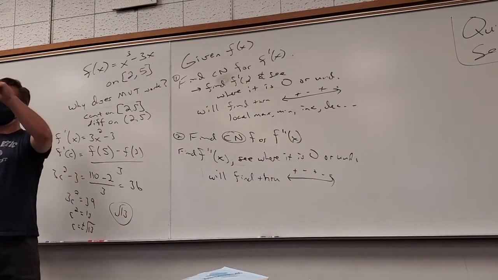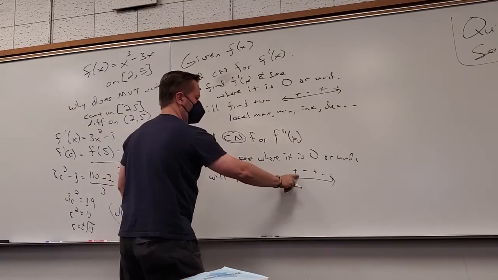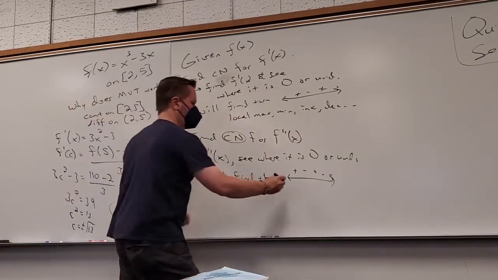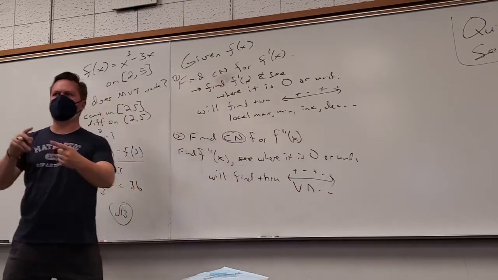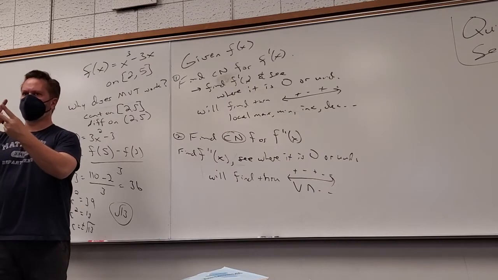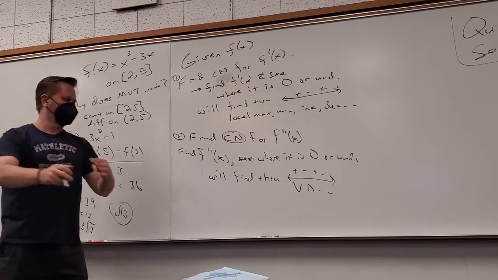Through the number line sign diagram, what would a plus mean? Oh, it's concave up. And a negative would mean concave down. So you can find intervals where it's concave up, intervals where it's concave down, and inflection points.